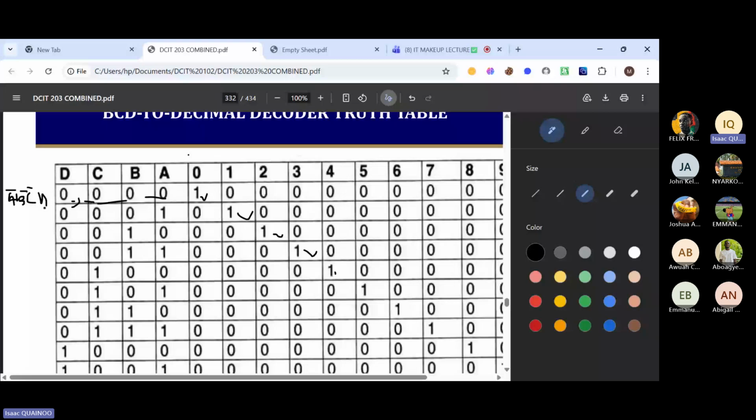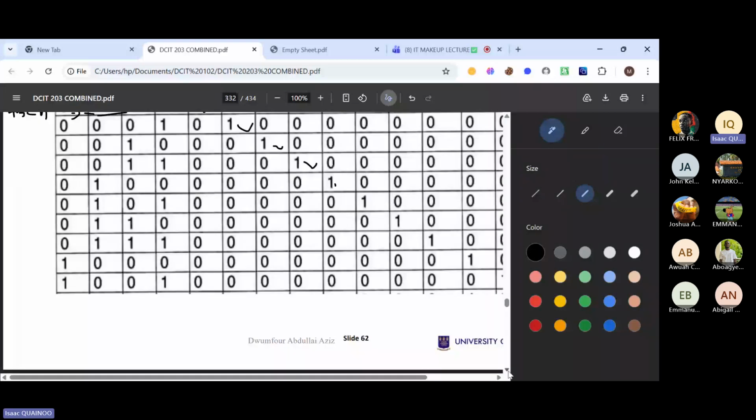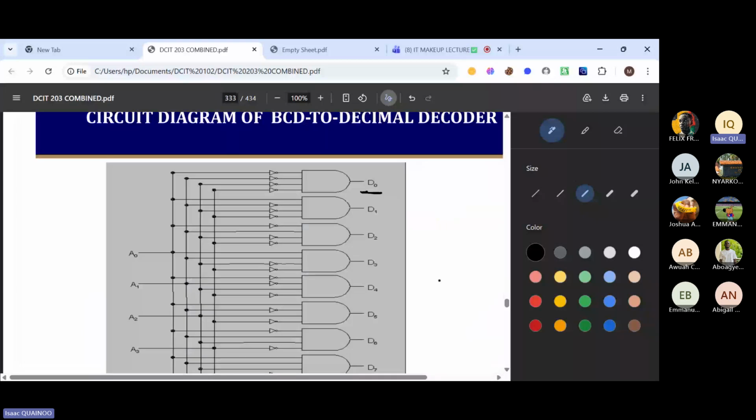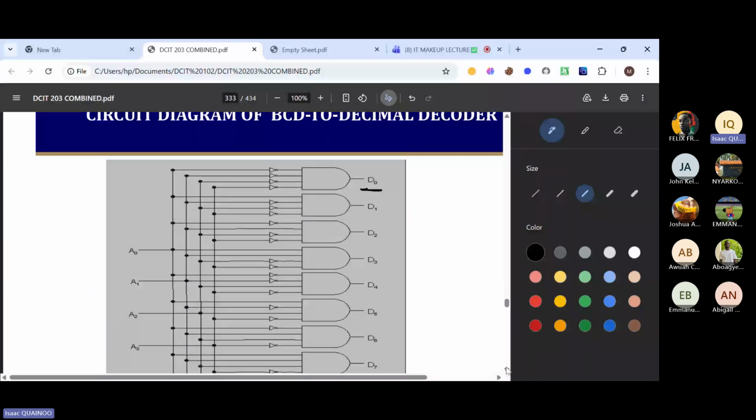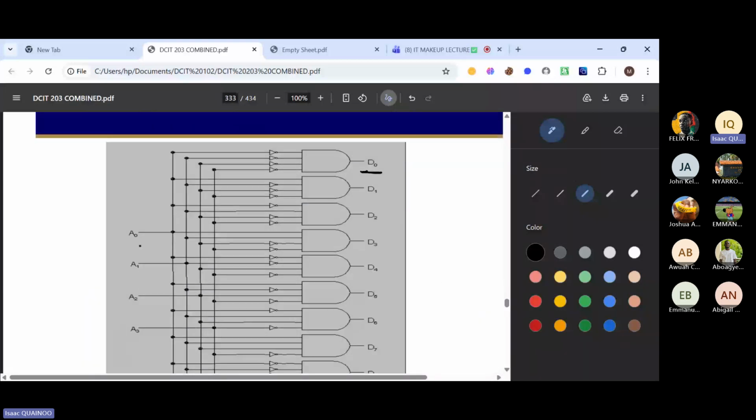So if we come down here, you can see this is D0, right? And D0, check. You have your A, you have your B, you have your C, you have your D. Okay. So you can see that D0 can be traced to the prime.